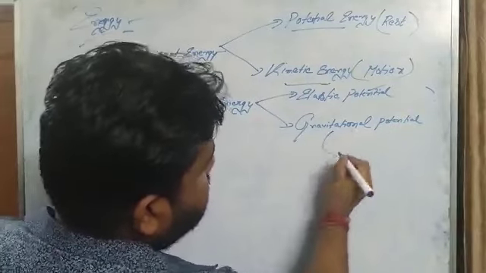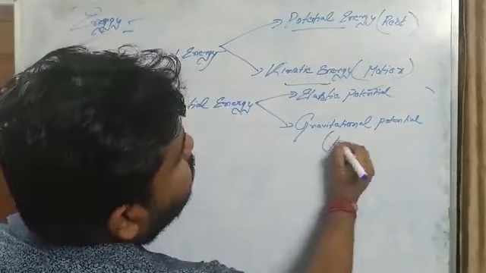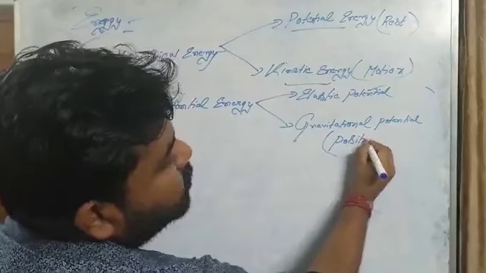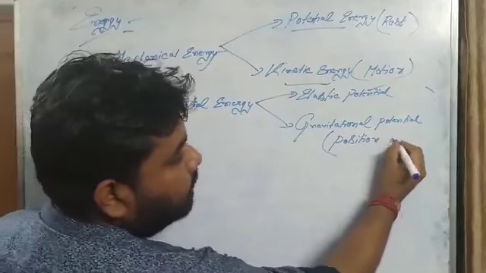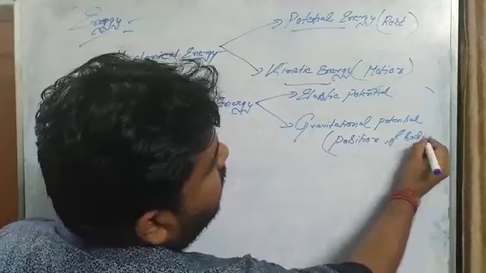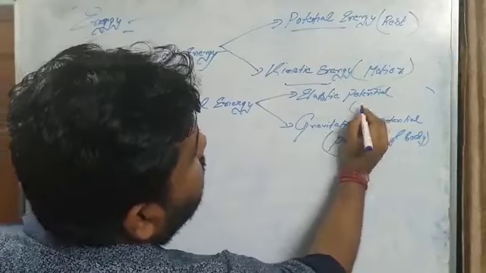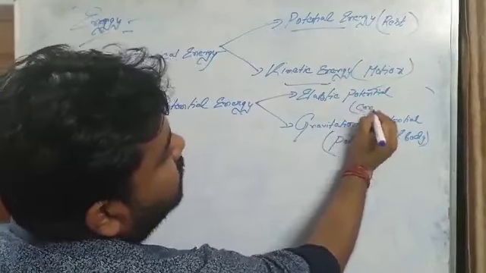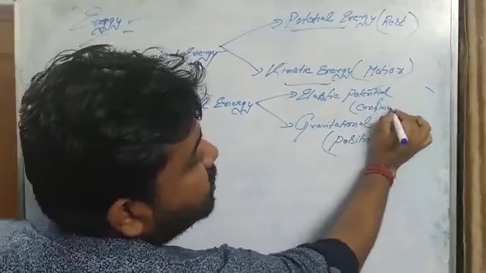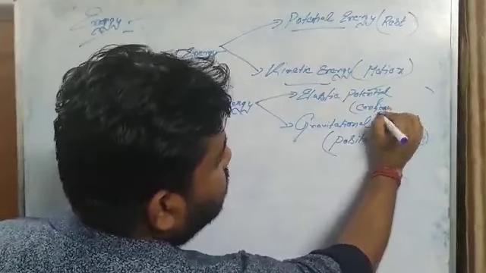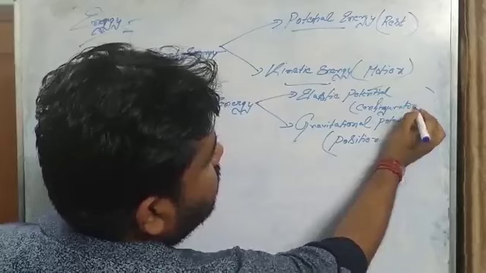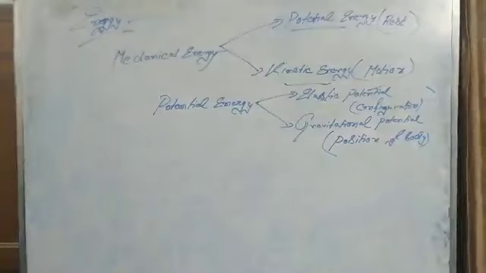Basically, gravitational potential energy is based on the position of the body. And elastic potential is basically based upon configuration. Configuration means shape and size.